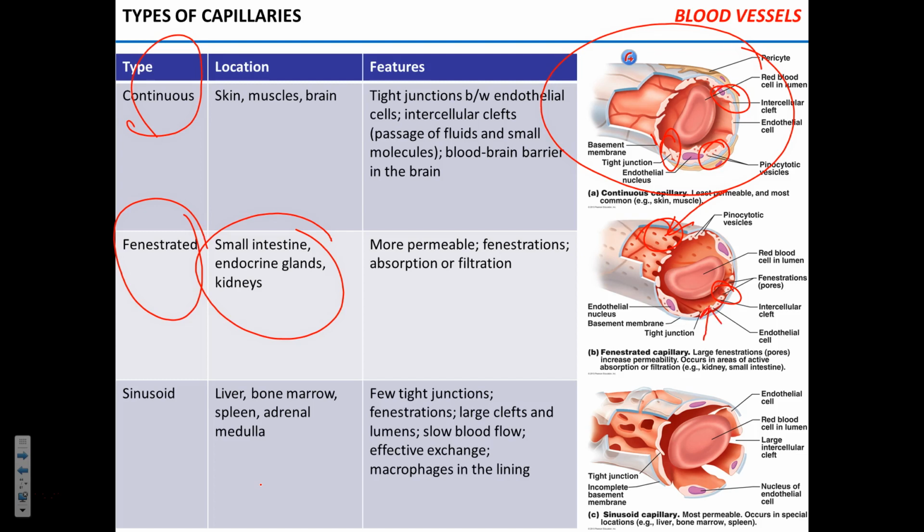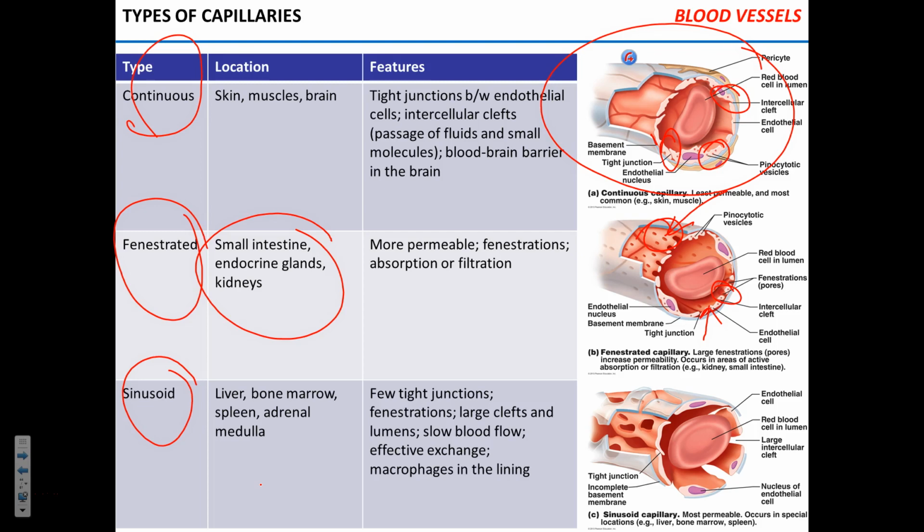Okay. And finally, the most permeable, sinusoid capillaries. You've already encountered them when we talked about liver. They can be found in the bone marrow as well. What kind of exchange happens in the bone marrow? What does bone marrow do? What does it make?